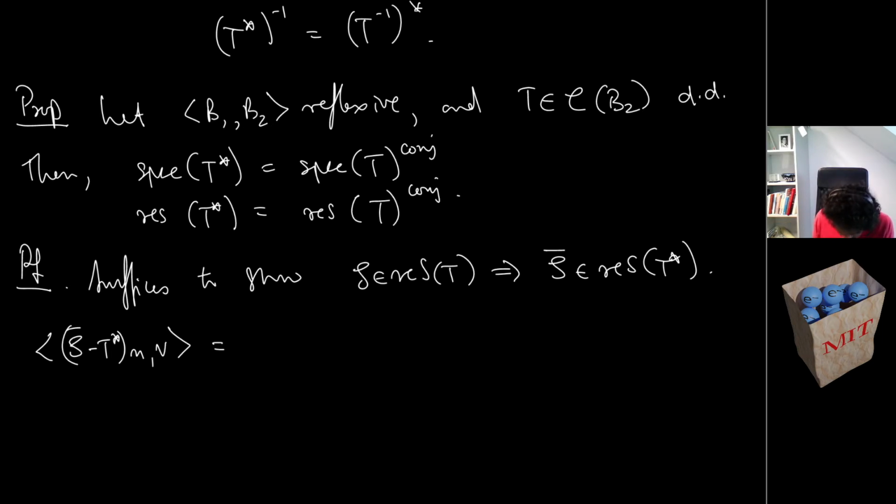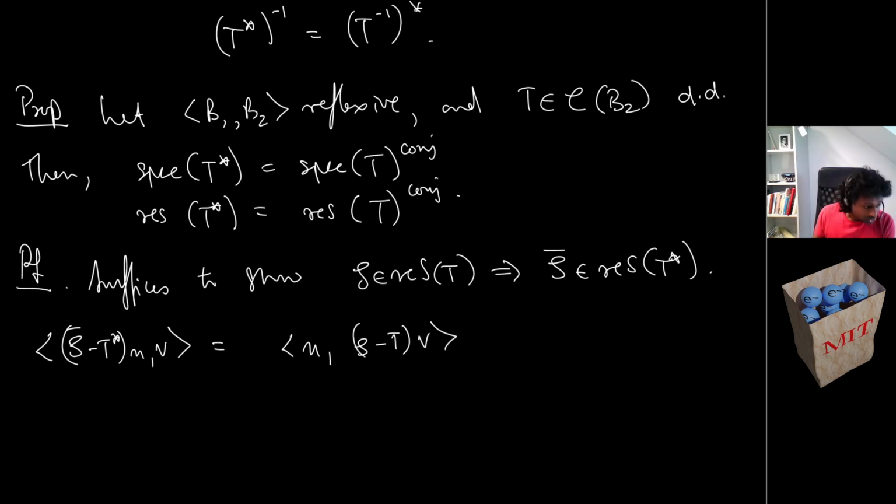If we write this out, in the T slot we get the T star, but in the slot for the conjugation of this number zeta, we obtain precisely zeta minus T V.